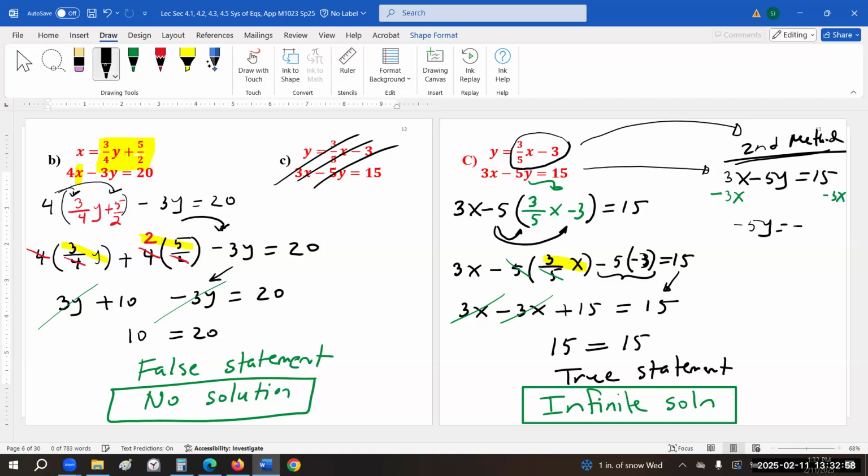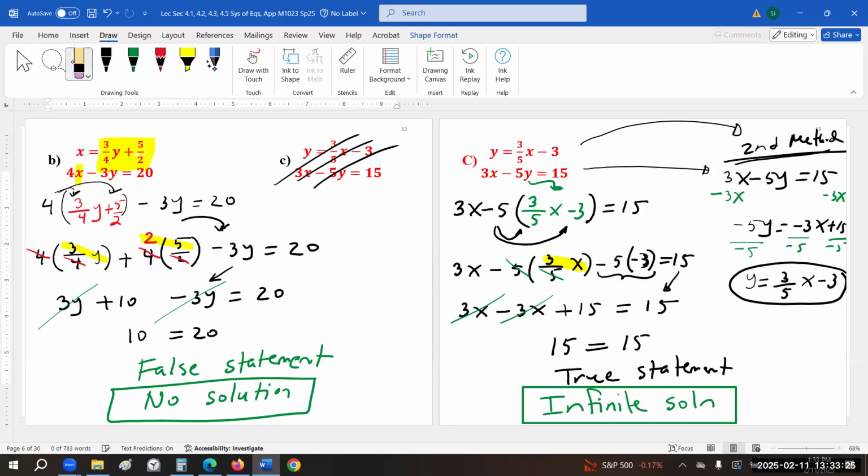So negative 5y is negative 3x plus 15. Divide by negative 5. So y is 3/5 x minus 3. So the second equation is y equals 3/5 x minus 3.